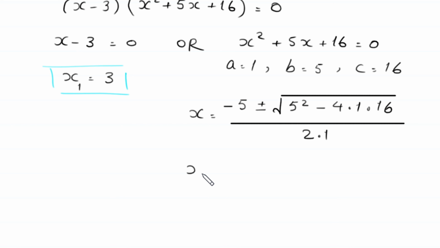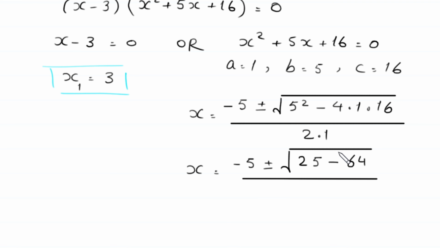Next x is equal to negative 5 plus minus square root of, this 5 squared is 25 minus 4 times 1 times 16, 64, divided by this 2 times 1, 2.